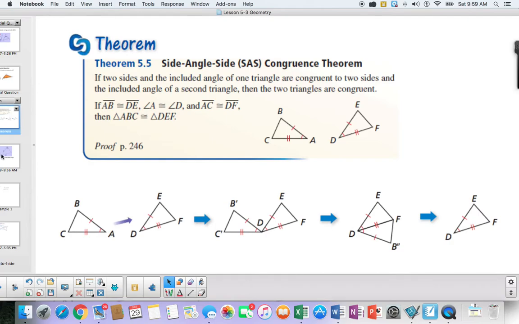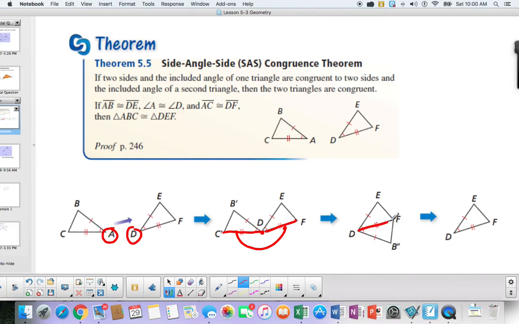All right, let's go ahead and start right here. We have two sides and we have an angle, and what we're going to want to do is match DA with D. So we're going to use a translation to match these up, and that's what's happening here. They're hooking up here. The next step is to take this side and rotate it so that they match here.